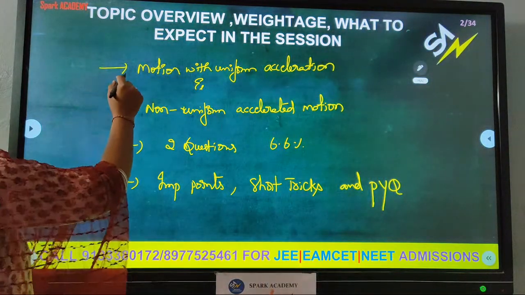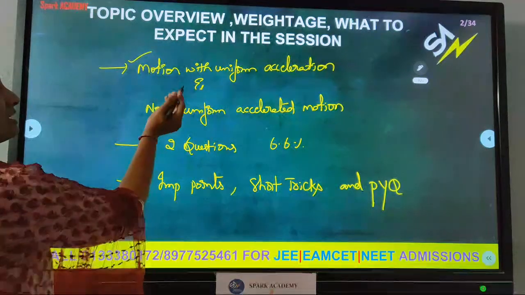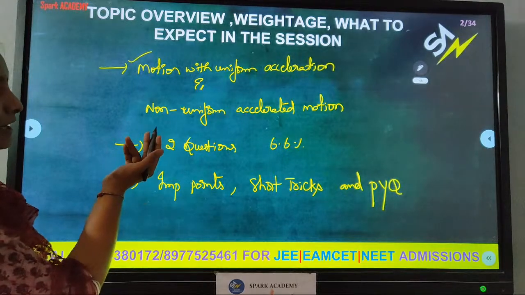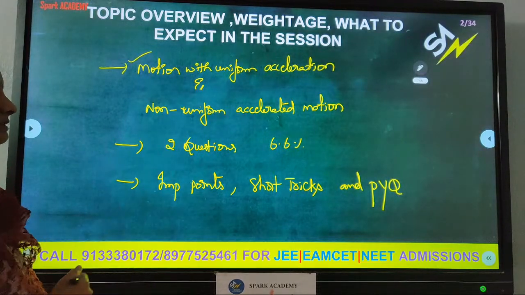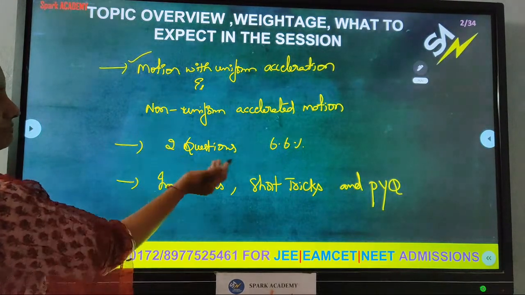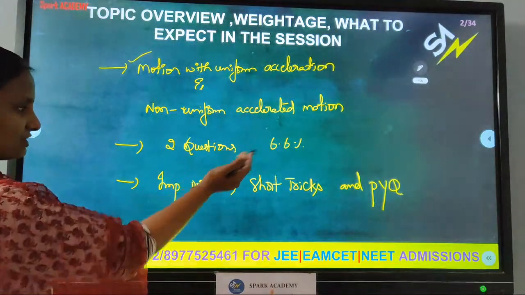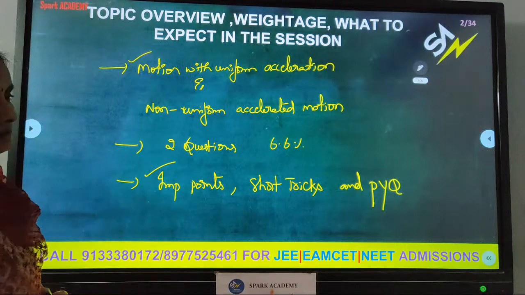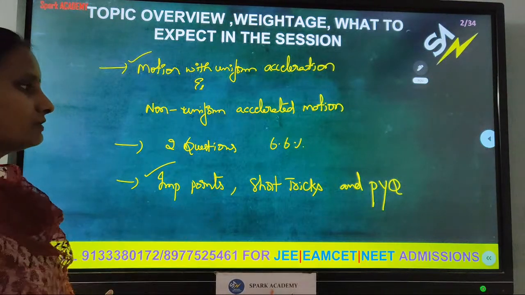So today we will discuss motion with uniform acceleration and non-uniform accelerated motion, and the weightage of this chapter is 2 questions, 6.6%, and these are the key points that we are going to discuss.